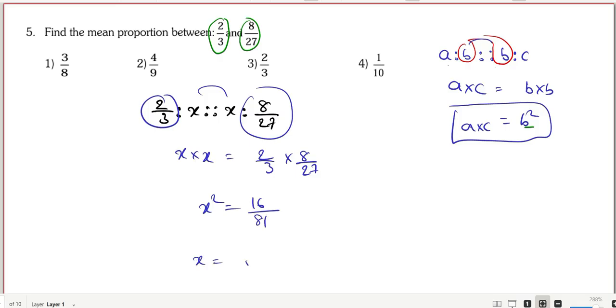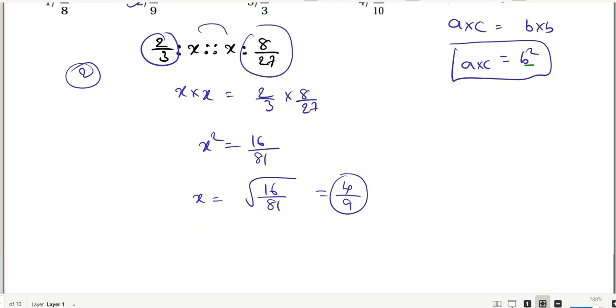From this, x is equal to the square root of 16 by 81. Square root of 16 is 4, square root of 81 is 9. So the answer is 4 by 9. That is the mean proportional of the given numbers. The second option is the correct one in this case.